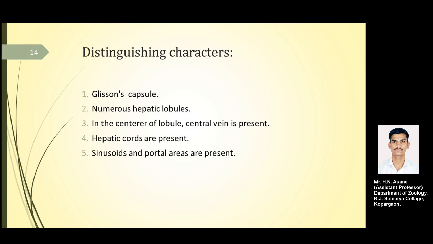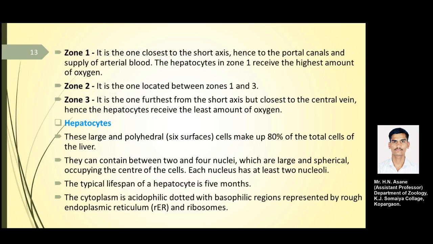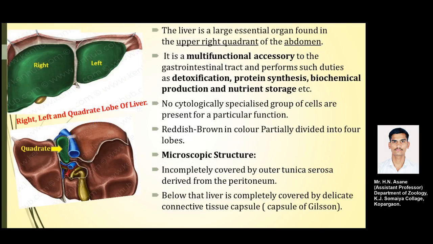Between the cells, minute canals are present, known as the bile canaliculi. These bile canaliculi form a network and open into small bile ducts at the periphery of the lobules.